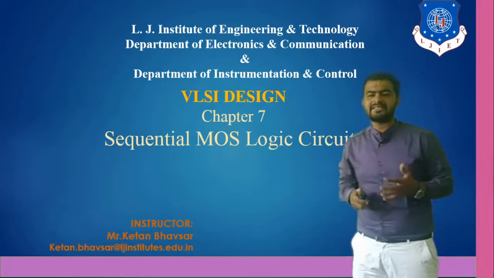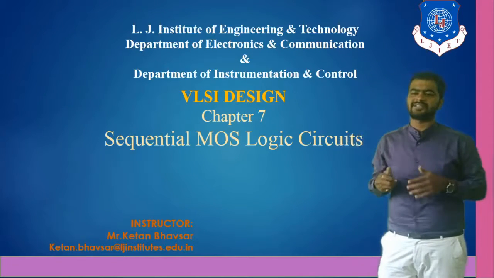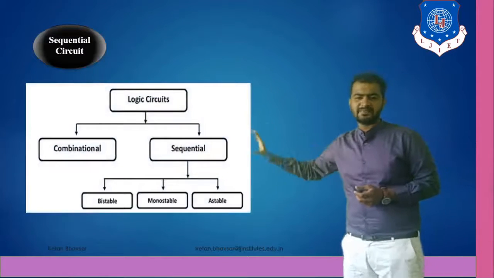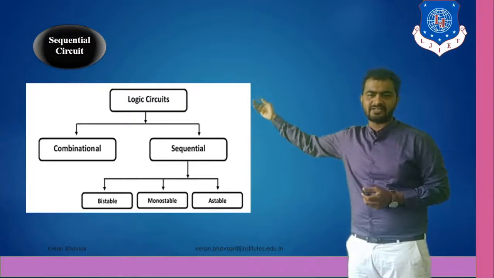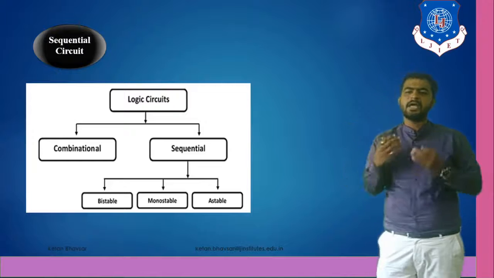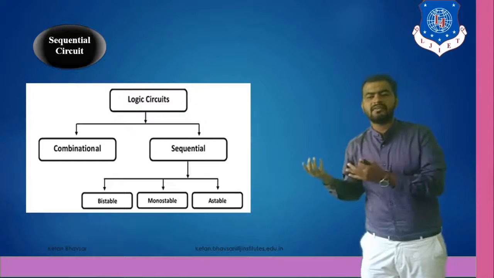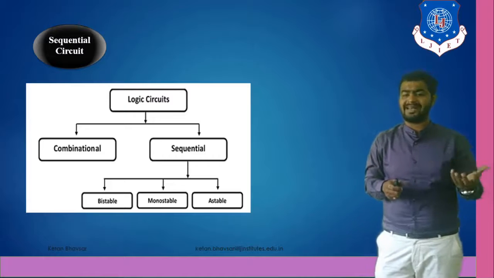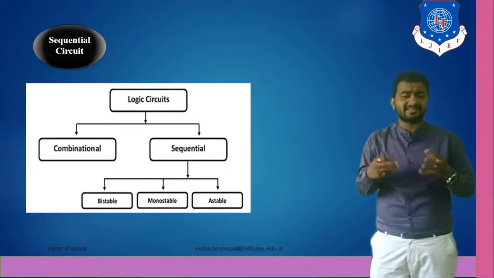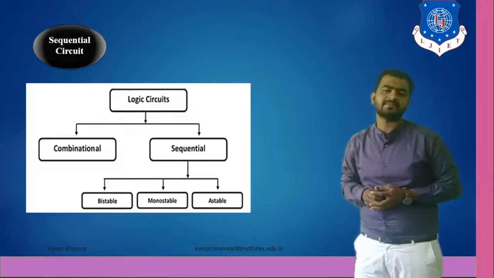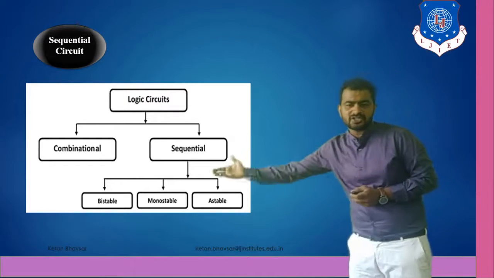So now we go ahead and see the basic diagram of the logic circuit. We have two types of circuit, combinational circuits and sequential circuits. We already worked on the combinational circuit in terms of NOR gate and NAND gate, and also the multiplexer, demultiplexer, encoder, decoder, half adder, full adder, etc. But right now we are focusing on the sequential part.